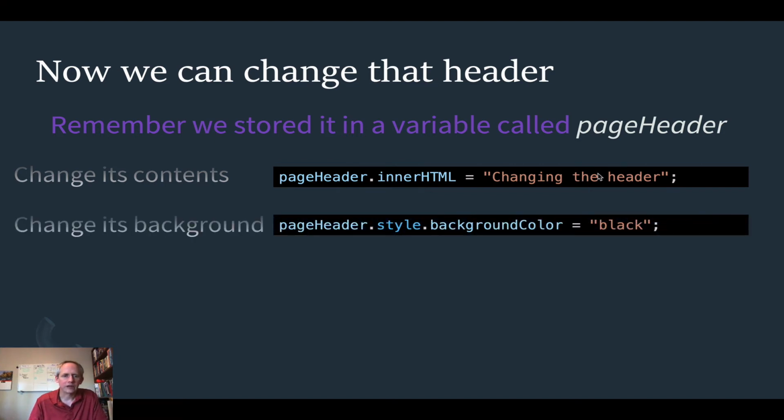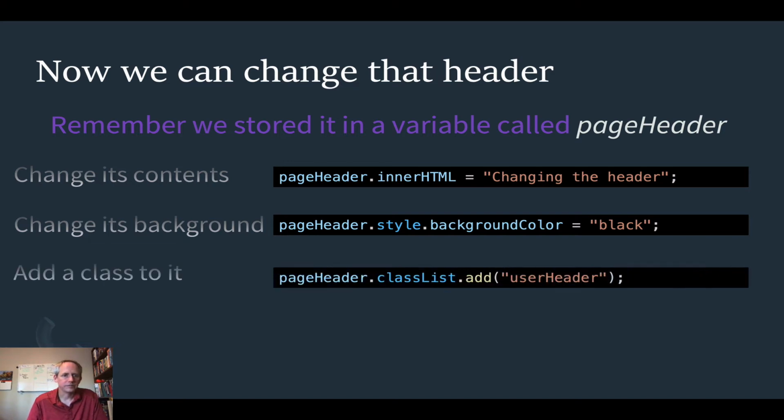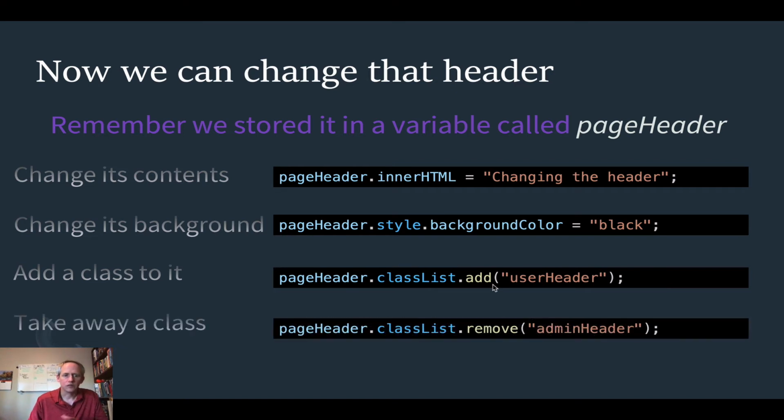I can change its background color. In this case, I set it to black. I can add a class to it so that it'll be styled differently based on where it sits in the CSS. So maybe I'm going to add a user header class to it. I can remove a class. I can do classList.remove admin header. So now I've taken it out of the admin header and put it into the user header class.